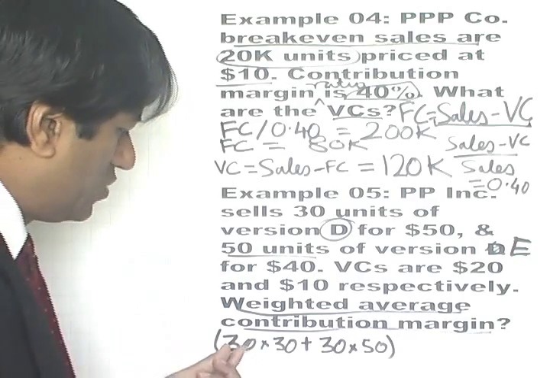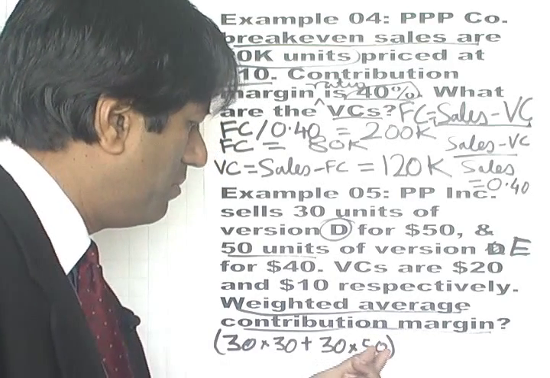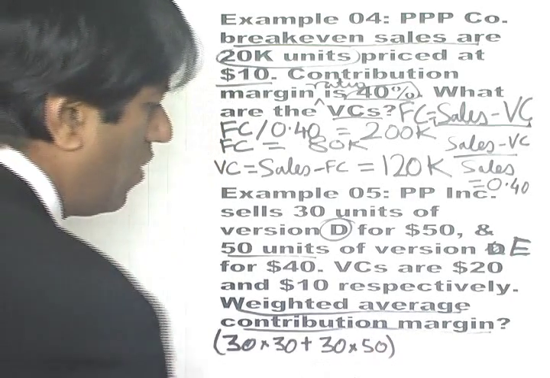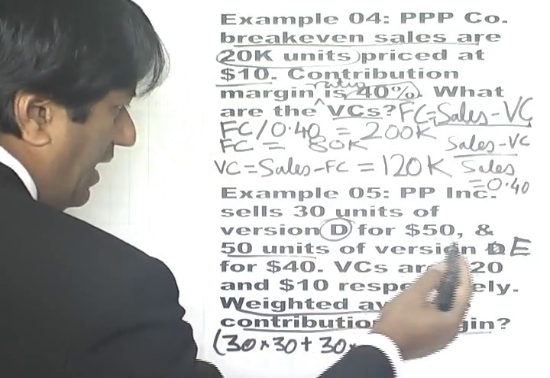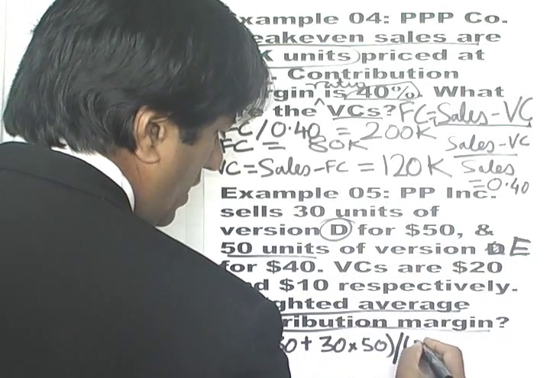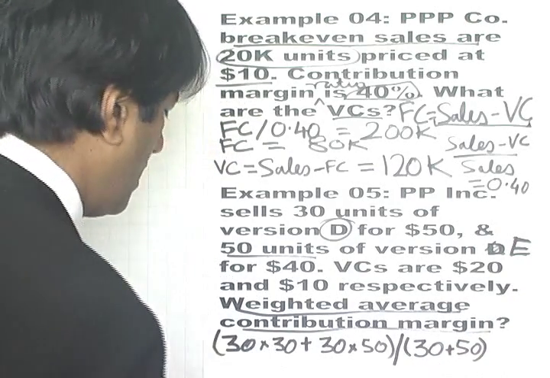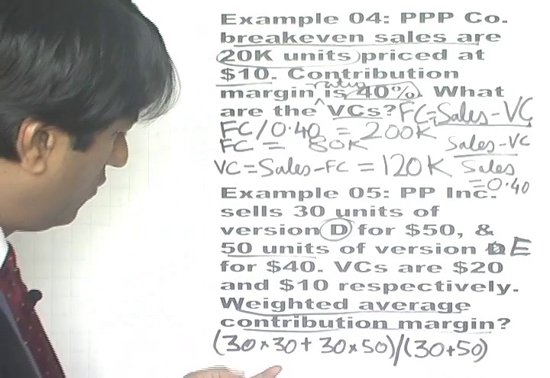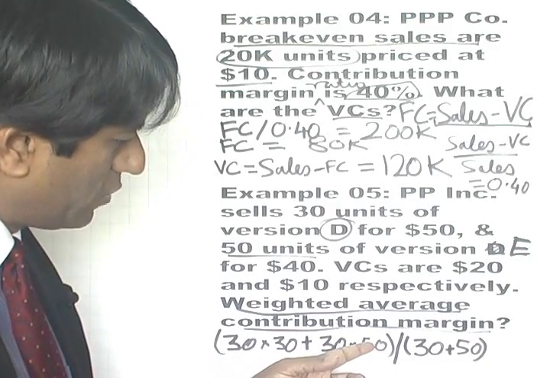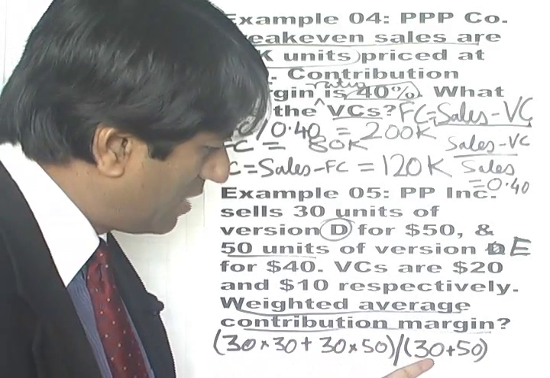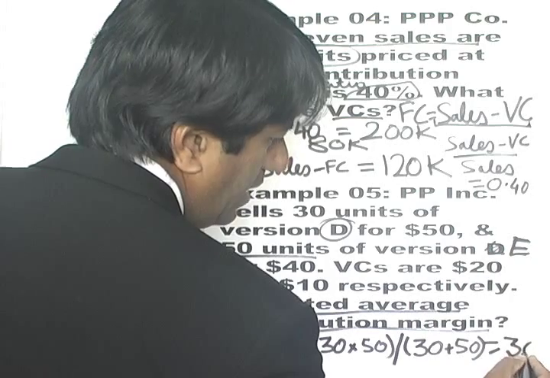So this is contribution margin of D multiplied by number of units of D plus contribution margin of E into number of units of E, whole divided by number of units of D and E. So that is going to be 30 plus 50, and this you can see is going to be 900 plus 1500 equal to 2400. 2400 divided by 30 plus 50 is 80, or this is going to be 30.